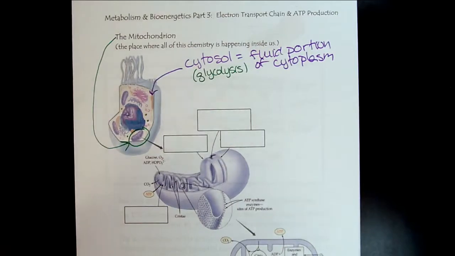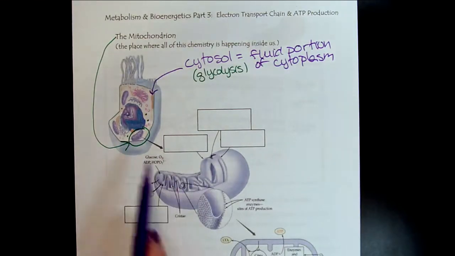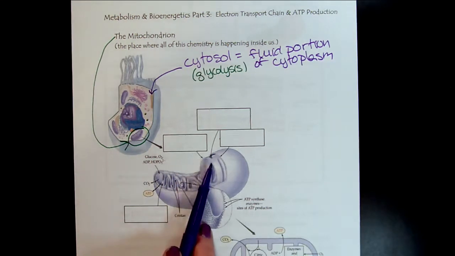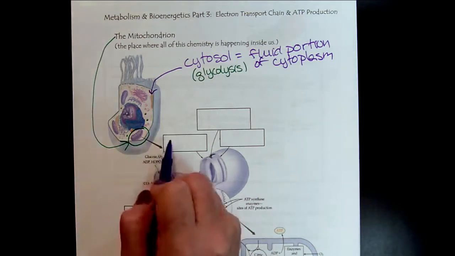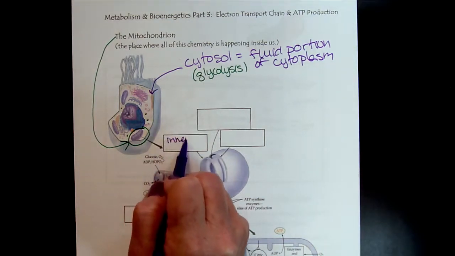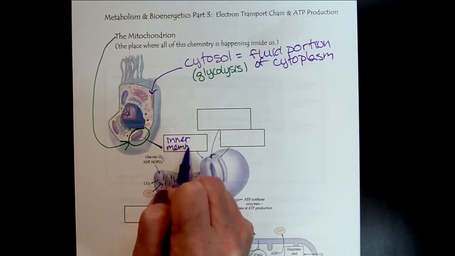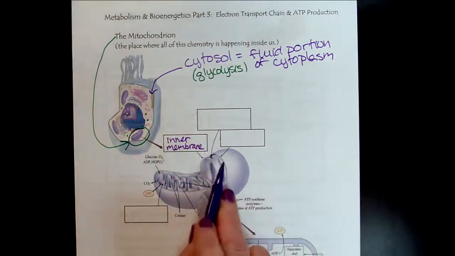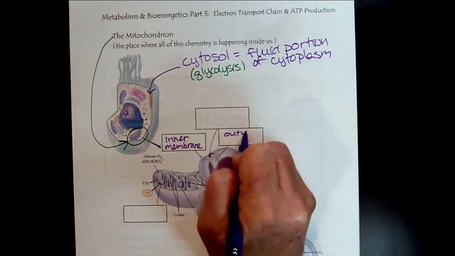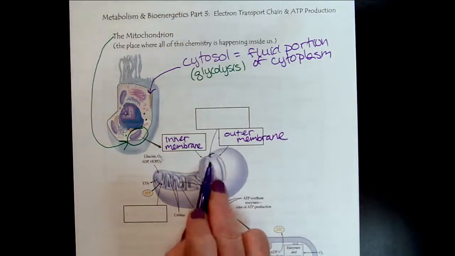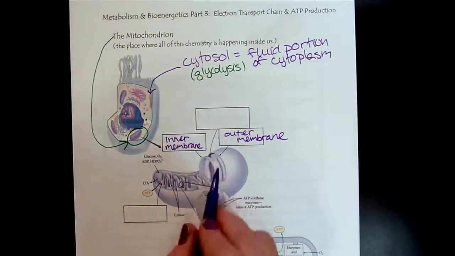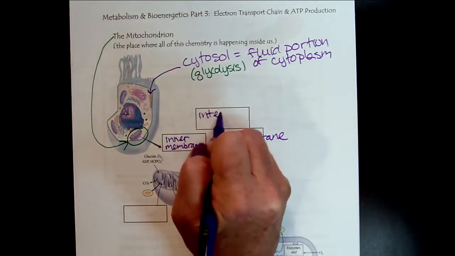And the mitochondria structure, if we go in and slice out a chunk, we can see that there is a double membrane, right? So here we have the inner membrane, and then there's an outer membrane. And then there's this space between them, the intermembrane space.